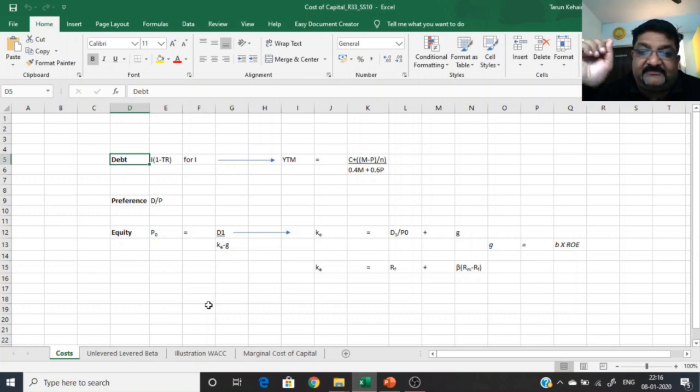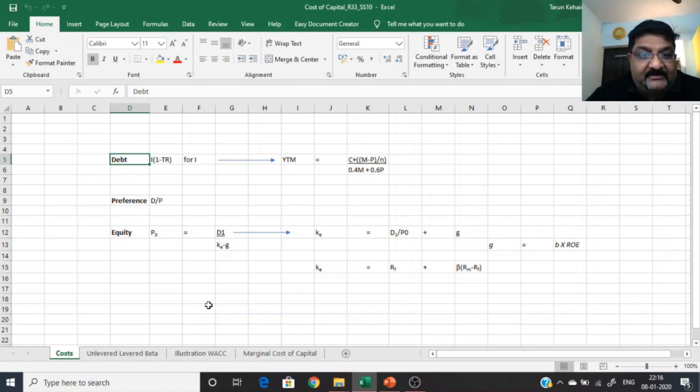Effectively $8 of interest is charged to the P&L, and let's say the tax rate is 40%. So for every $8 that is charged to the P&L, it saves tax of $3.2. The effective interest obligation is just 4.8% in this case.